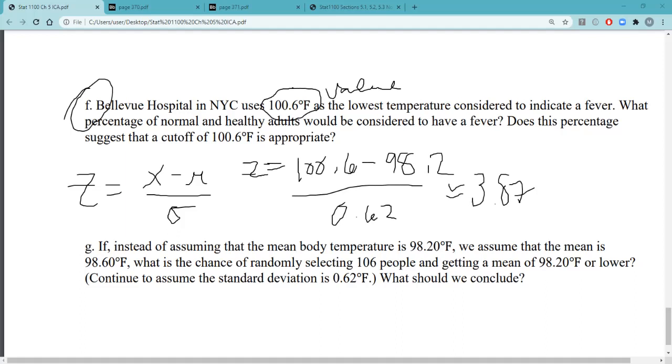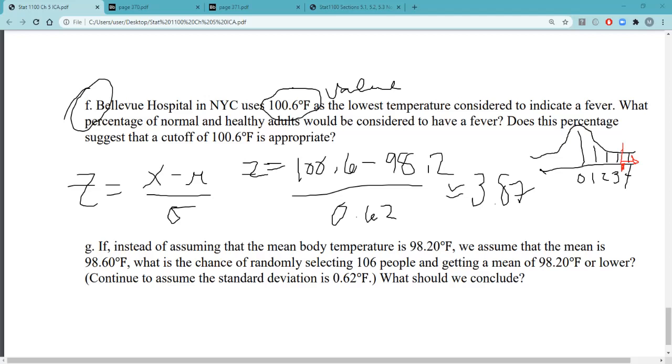And it's saying, does this percentage suggest that a cutoff of 100.6 degrees is appropriate? So if we had this illustrated on a curve, we know that this z-score value would be way over here. And it's saying, what percentage of normal and healthy adults would be considered to have a fever? So if that's the lowest temperature considered to indicate a fever, we want to see the percentage that would be greater than that.